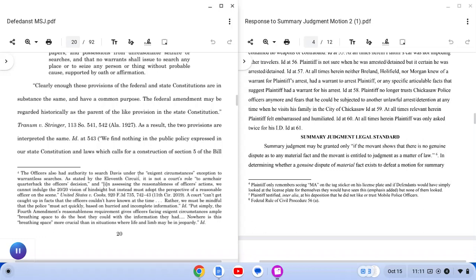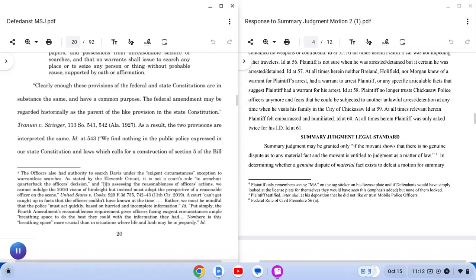As stated by the 11th Circuit, it is not a court's role to armchair quarterback the officer's decision, and in assessing the reasonableness of officers' actions, we cannot indulge the 20/20 vision of hindsight, but instead must adopt the perspective of a reasonable officer on the scene. Now, this reasonable officer on the scene does not exist, y'all. They made up reasonable officer.